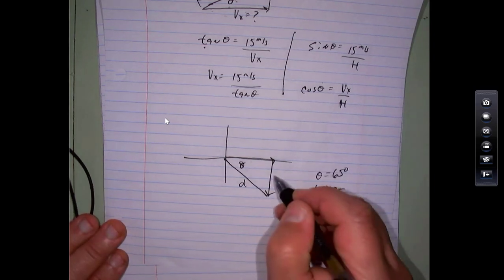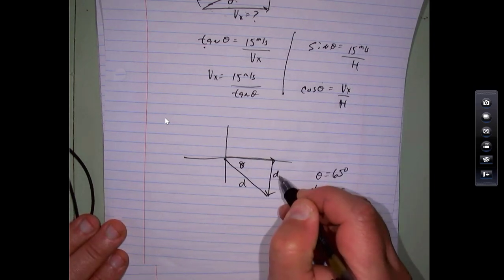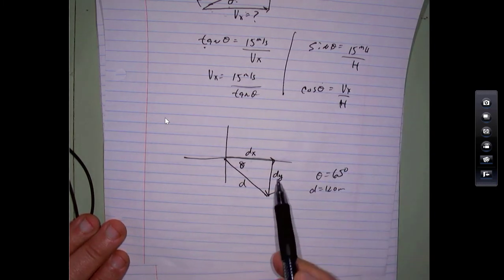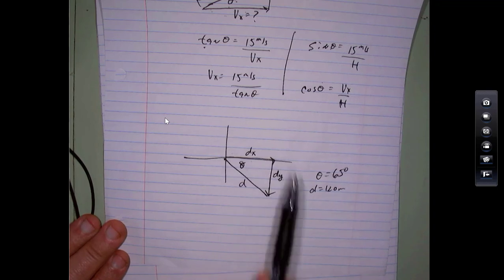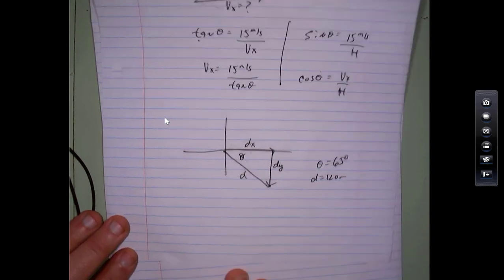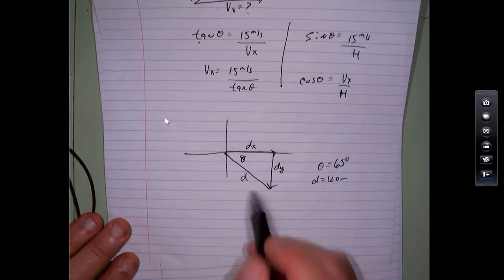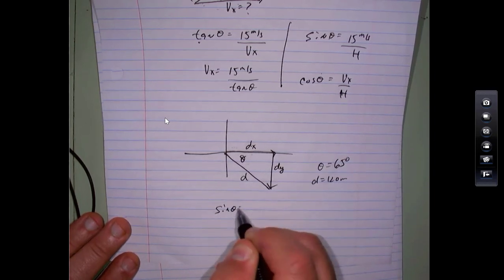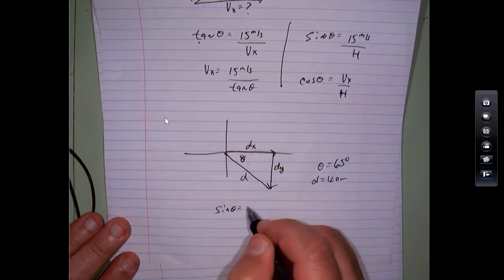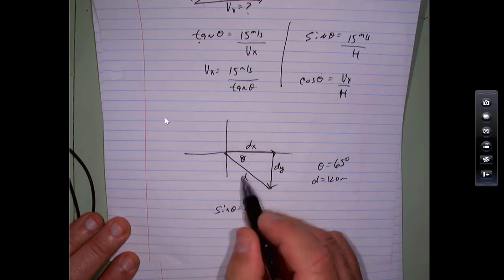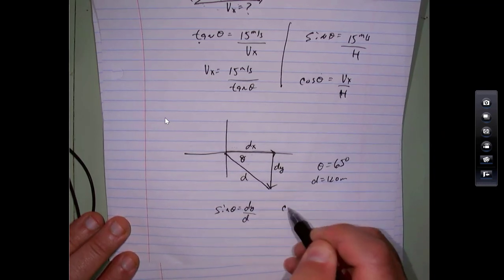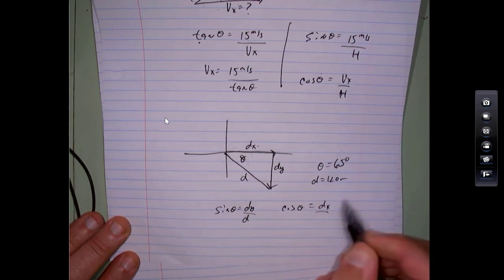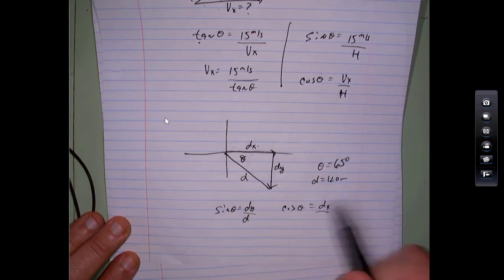Let me call this the y part, dy, and the x part, dx. Now you know dy is going to be negative, and you know dx is going to be positive from the picture. Here's how I like to do these, and you know what d is. The sine of theta would be the opposite side, dy, over the hypotenuse, and the cosine of theta would be the adjacent side, dx, divided by d.